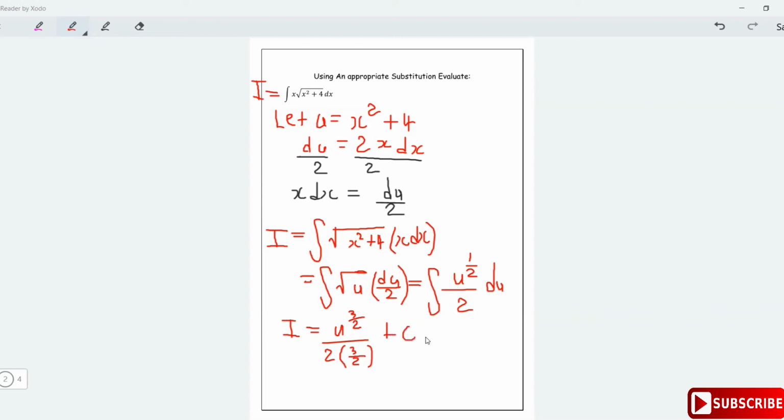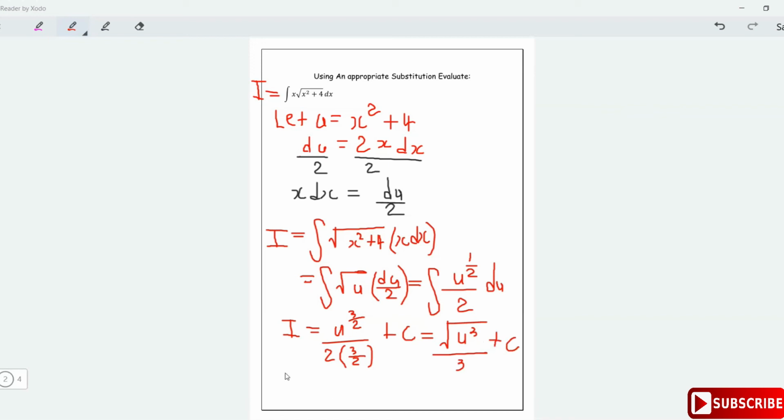So that's going to work out to be u to the 3 over 2, that is u cubed square rooted, over, now 2 times 3 over 2, this 2 cancels this 2, leaving 3, plus c. But then again, what was u?